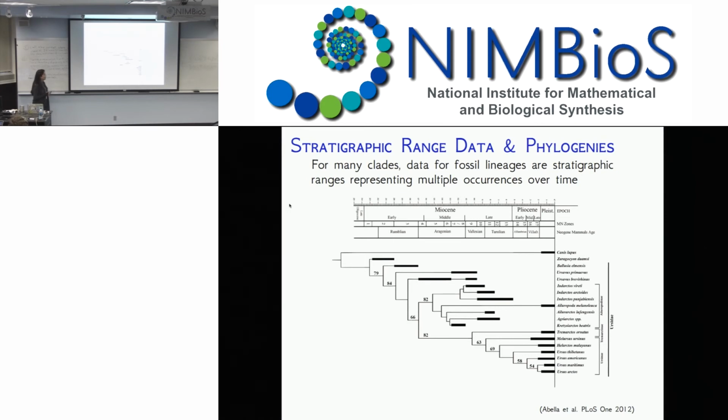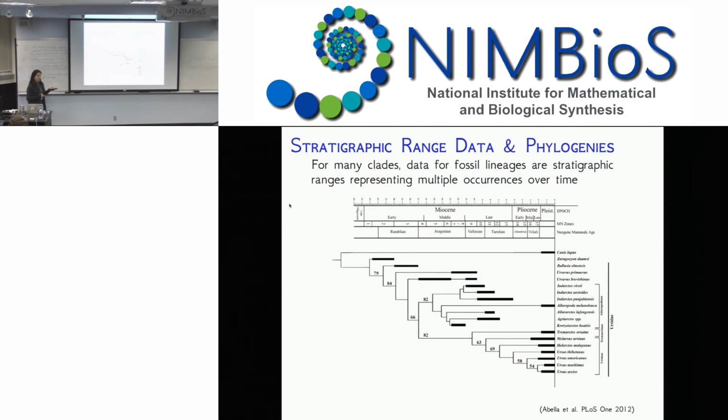for many groups, these fossil ranges don't actually represent uncertainty in the time for a single specimen. They represent these stratigraphic ranges. So this is the first and last occurrence of multiple specimens that have been identified as a single lineage or species over time, right?